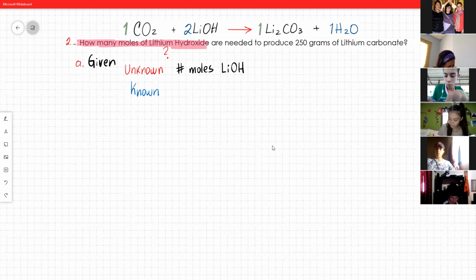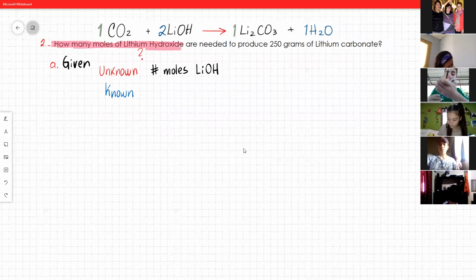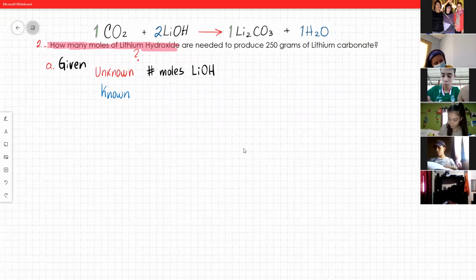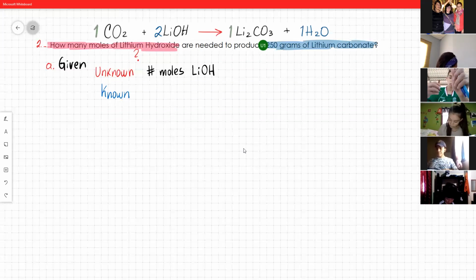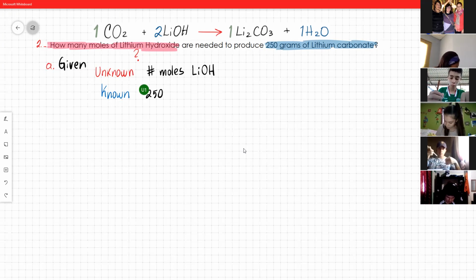And then I have the known. What is the known in the question? The remaining, okay? The 250 grams of lithium carbonate, that will be my known. That's what I know, the number, basically. So you write it here as 250 grams lithium carbonate, which is Li2CO3, like that.